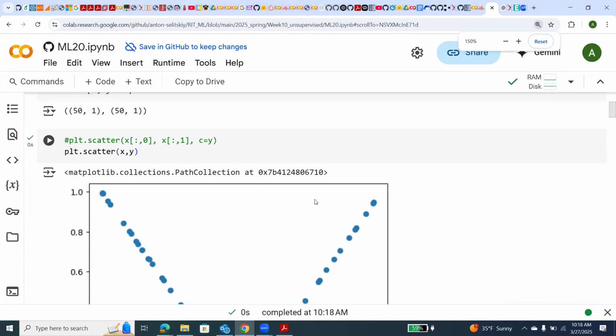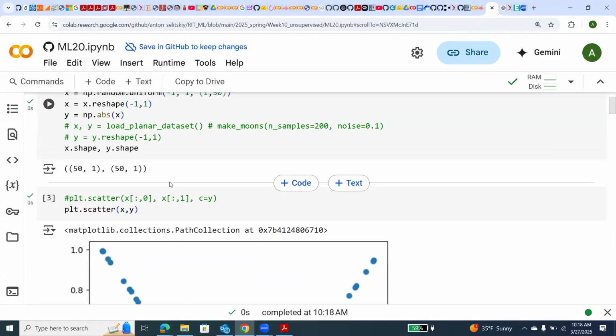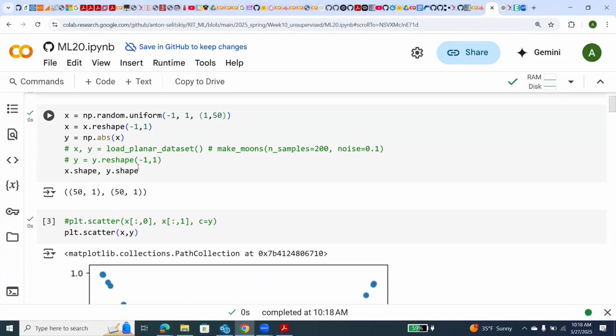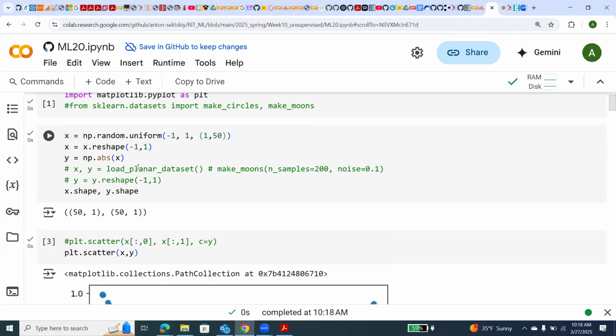Our data is just the absolute value. I created an array of x's between -1 and 1, and y is just the absolute value of x.